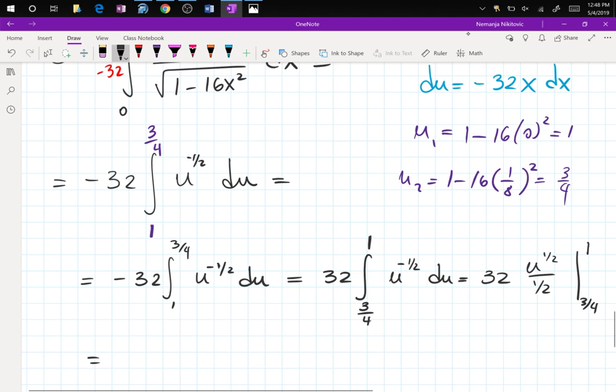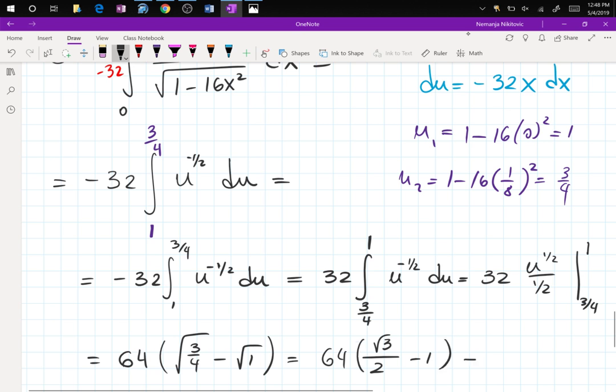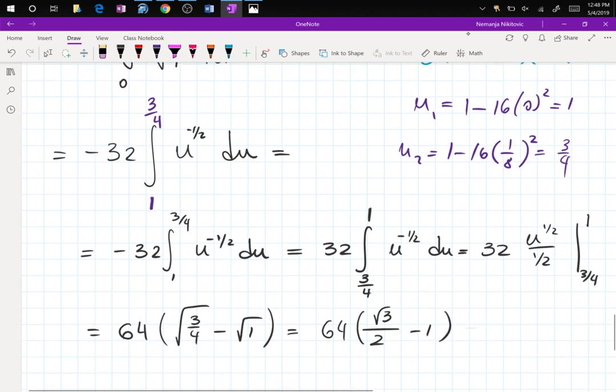32 divided by 1/2 is the same as 32 times 2, so that's 64. And now I have square root of 3/4 minus square root of 1. So this would be 64 times square root of 3 divided by 2 minus 1. And you can leave it there. It's okay.